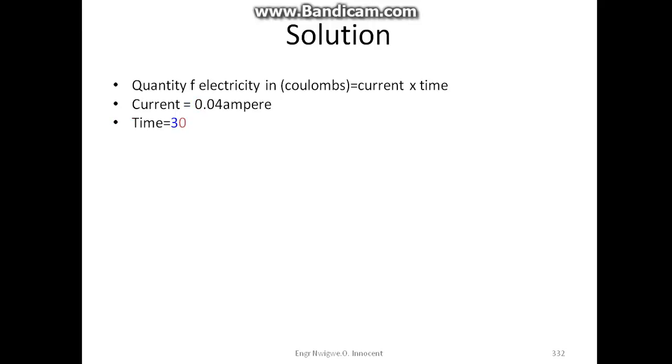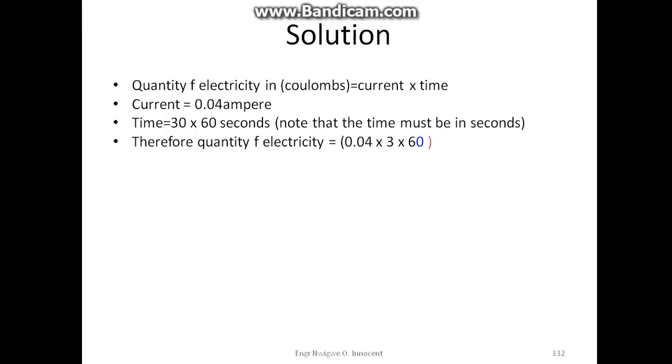Current is equal to 0.04 amp. Time is equal to 30 minutes times 60 to convert to seconds. Note that the time must be in seconds. Therefore, quantity of electricity is equal to 0.04 times 30 times 60 coulombs, which will give us 72 coulombs.